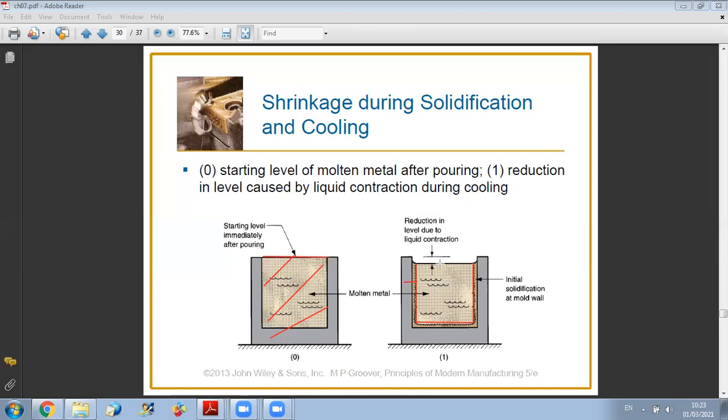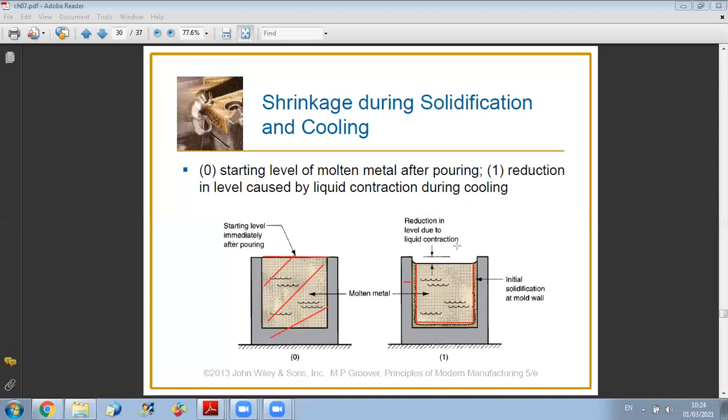Plus, as you cool your liquid, you also have a reduction in volume, because density is increasing. This is called liquid contraction. So you will have a reduction in the level of the liquid due to, first, the formation of a solid layer at the walls, and due to the increase of density of the liquid itself. So this part is called liquid contraction, or liquid shrinking.